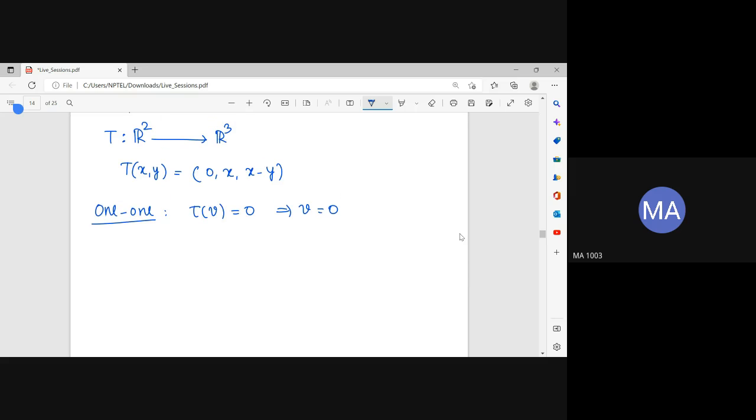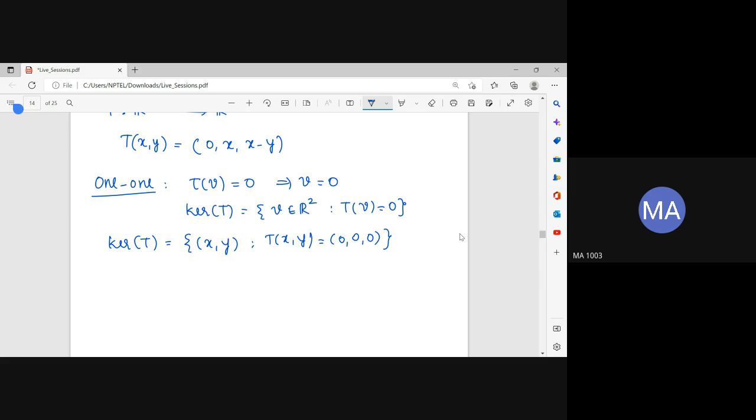This is what I have to check. Otherwise, I will find the kernel, right? It's the set of all pre-images of 0. So let's find the kernel. I'm looking at the set of all x comma y that get mapped to 0.